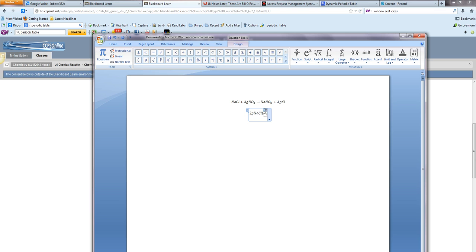So in this particular problem, we need 1 mole of sodium chloride is equal to, and this is something that we should have calculated in our pre-lab, 58.439 grams of sodium chloride. I'll put parentheses around that.